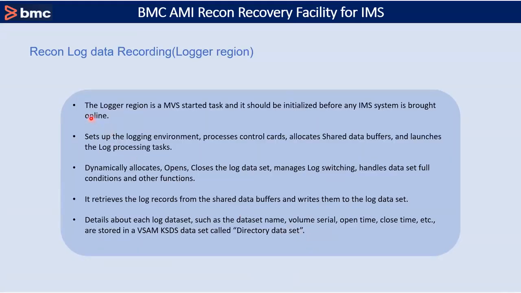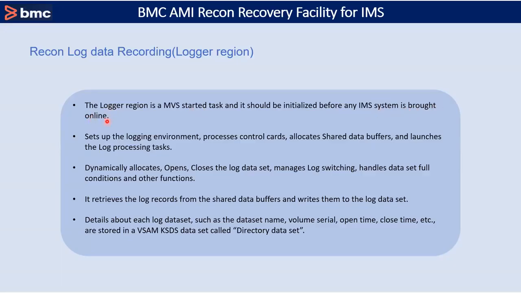The logger region is the region which actually retrieves the log records from the buffer and writes them to permanent storage. This is a separate address space, preferably an MVS started task, and it should be initialized before any IMS system is brought online, basically right after the IPL.